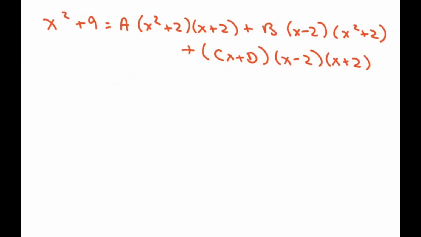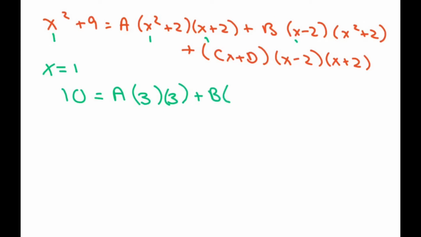And the last one we're going to do is let x equal 1. I'm going to try to do that mentally too. So if you plug in 1 everywhere there's an x, you're going to get 1 squared, so that's going to be 10 on this side, and I'll plug in the rest. So we get 1 plus 2 is 3. 1 plus 2 is 3 again. 1 minus 2 is negative 1. 1 plus 2 is 3.